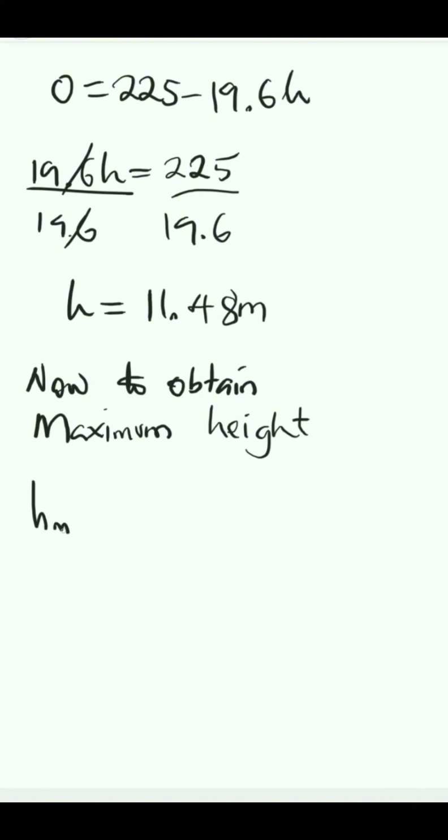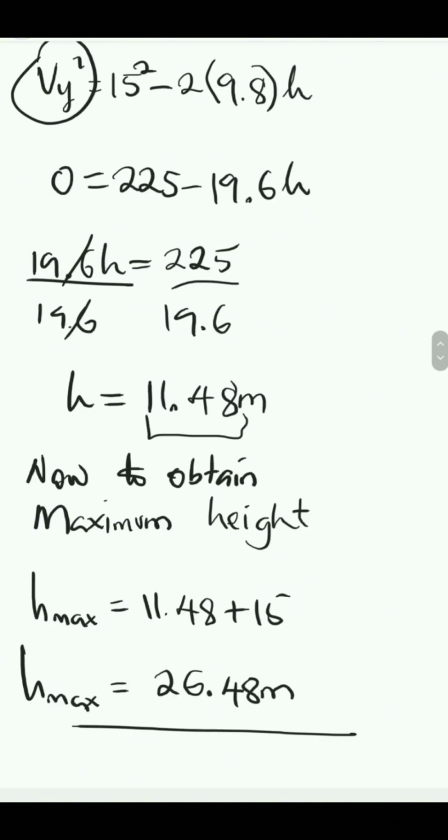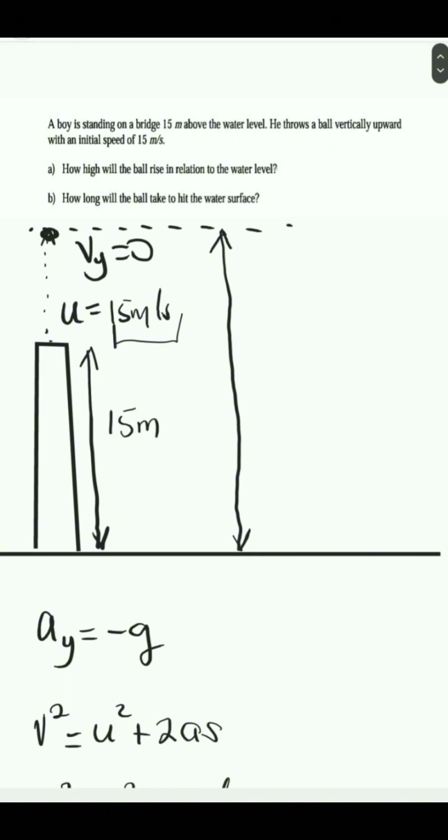Thus we get the maximum height. We add the two values, 11.48 plus 15 meters, and what we get here is 26.48. So our maximum height is 26.48 meters. And that's how you answer part A of this problem.